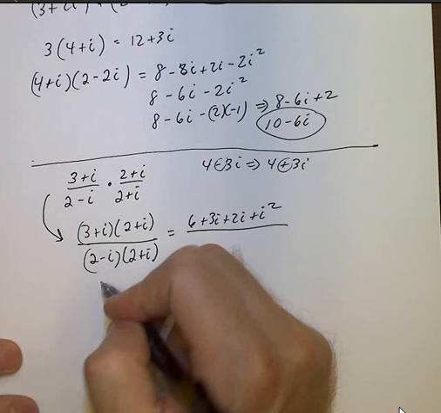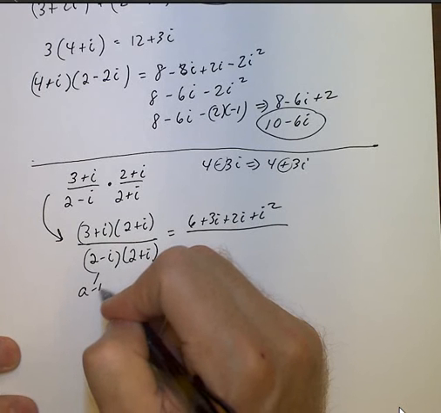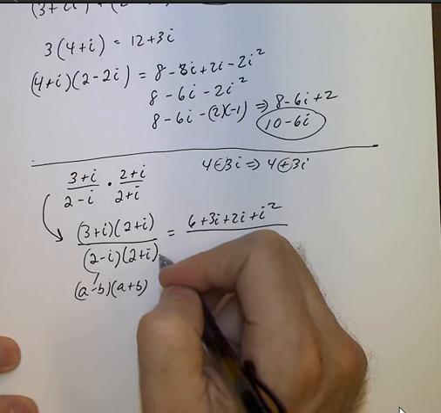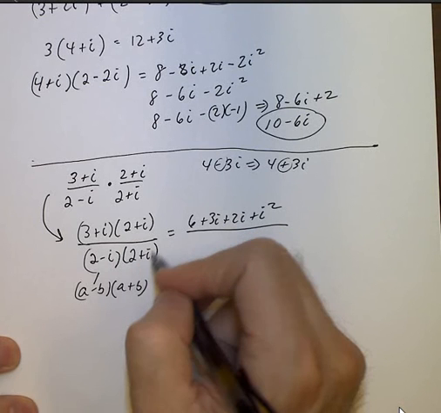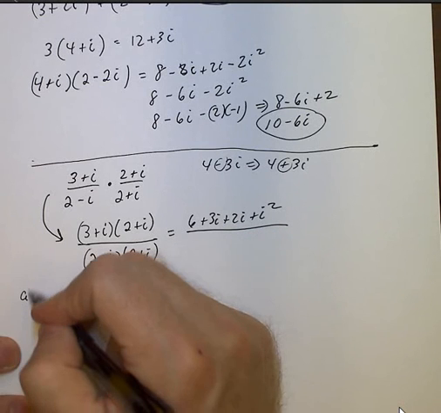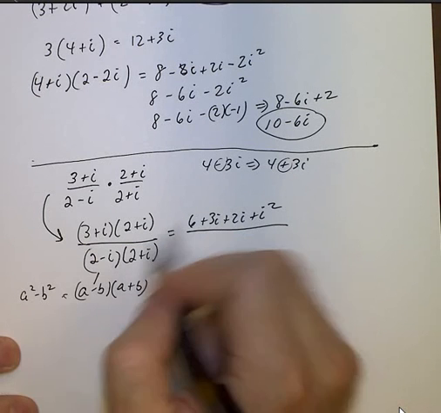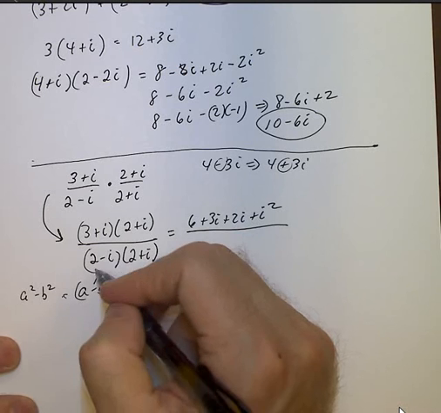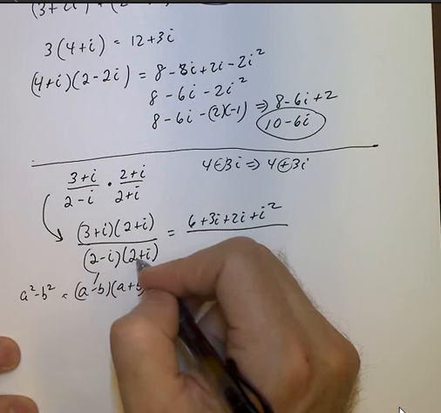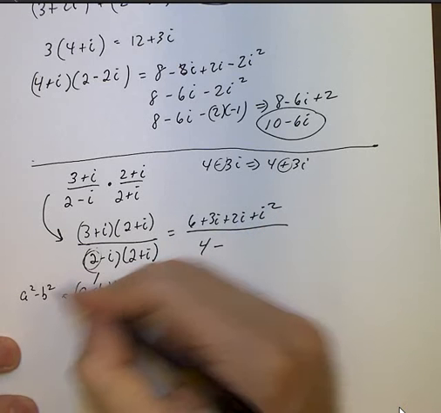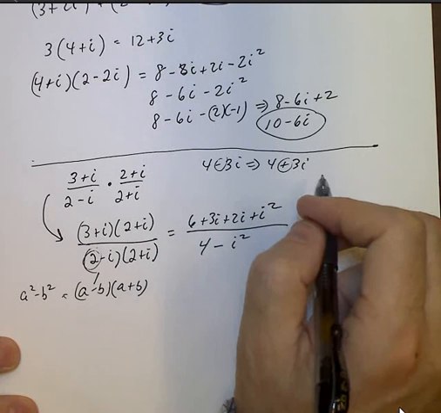This is like a minus b times a plus b. Okay? A minus b times a plus b is the same as a squared minus b squared. So you can go through the FOILing process, or you can recognize the pattern and just say, since this is a minus b times a plus b, I'll take a squared, which is 4, minus b squared, i squared.